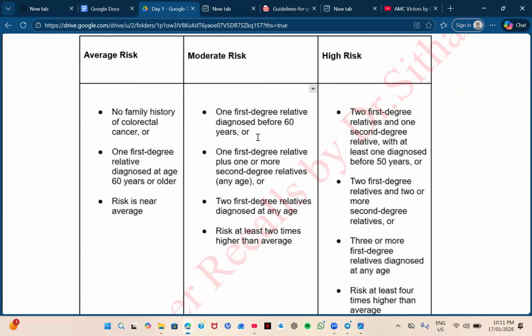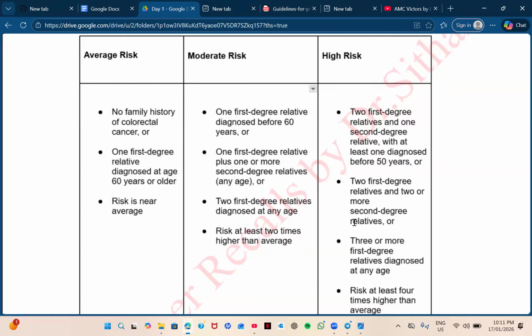Here the average is 60 or older, and in the moderate one it is less than 60. The risk is at least two times higher than average.